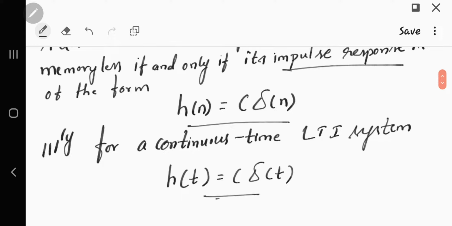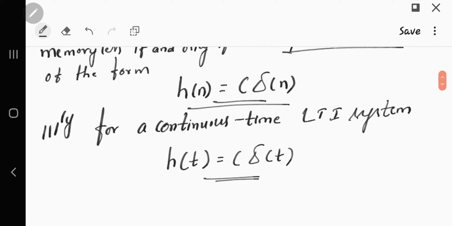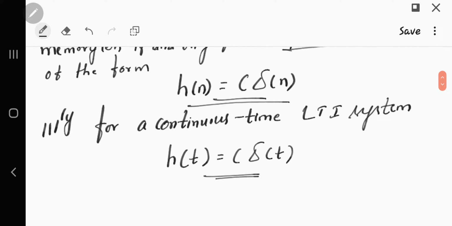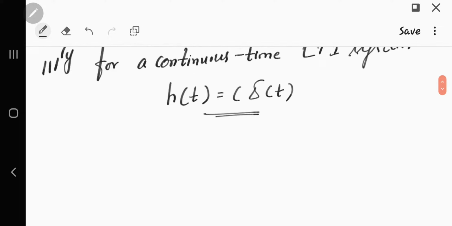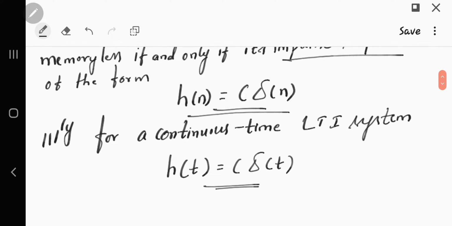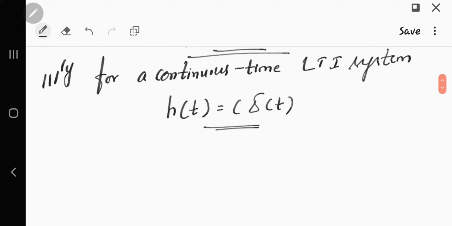This is the condition in case of continuous time, and this is the condition for a discrete time LTI system to possess memoryless. If it doesn't satisfy this condition, then the system is said to have memory. That is the definition of the property memory.